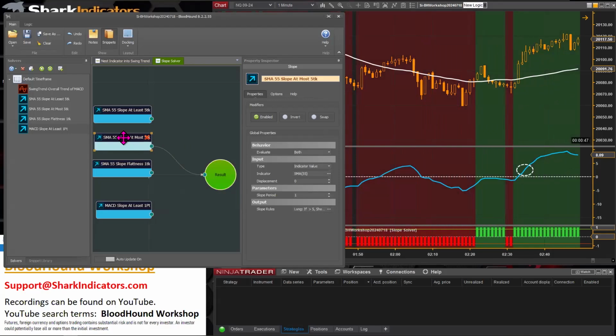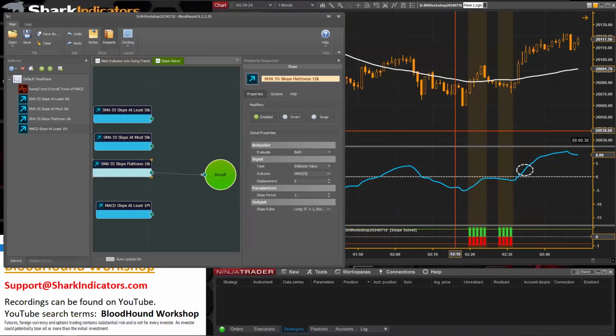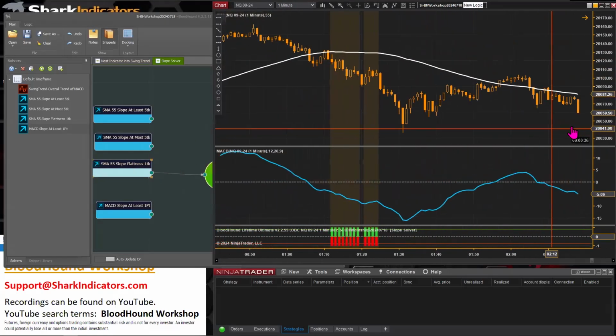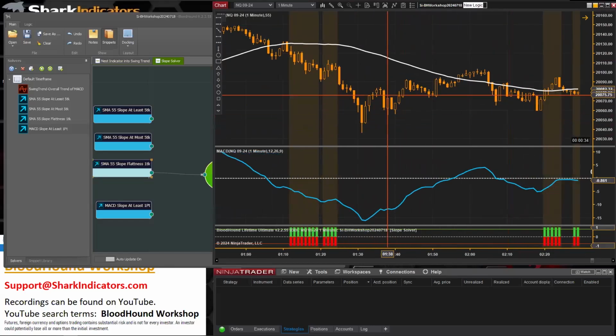So I'm going to go back to, let's see, no, not that one. There we go. Let's look at the flatness there. We can see there's one bar in the middle of this flat area where the SMA dipped down a little bit and then flattened back out.